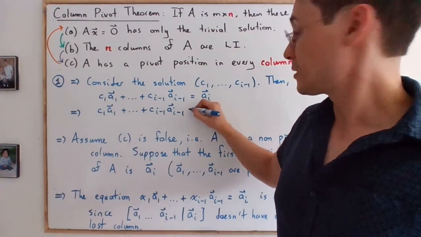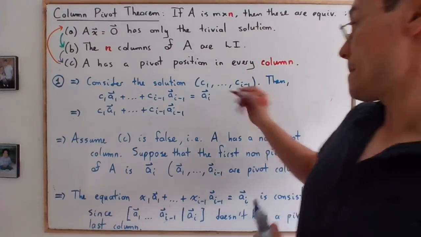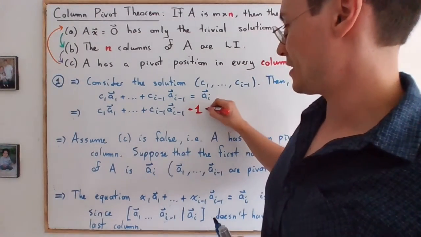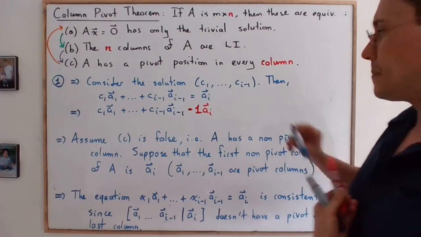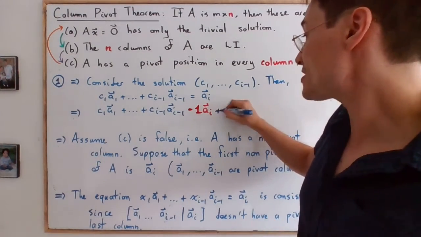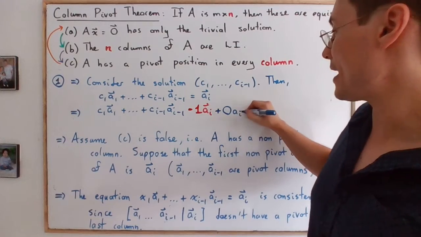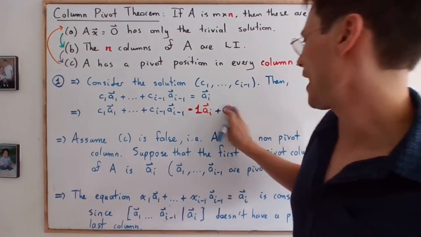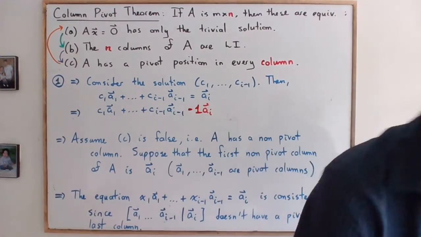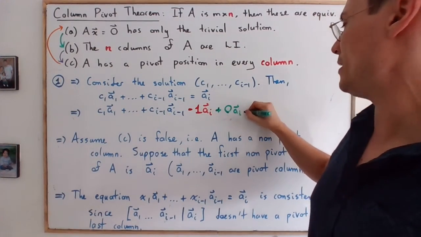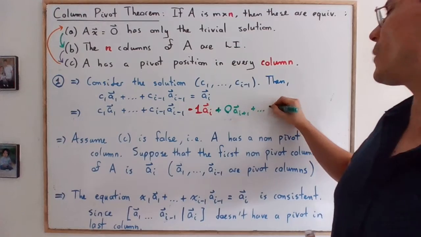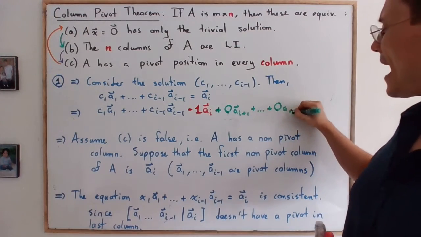So C1 A1 plus all the way up plus Ci minus 1 AI minus 1, minus 1 AI, plus 0 AI plus 1, plus all the way up plus 0 AN.